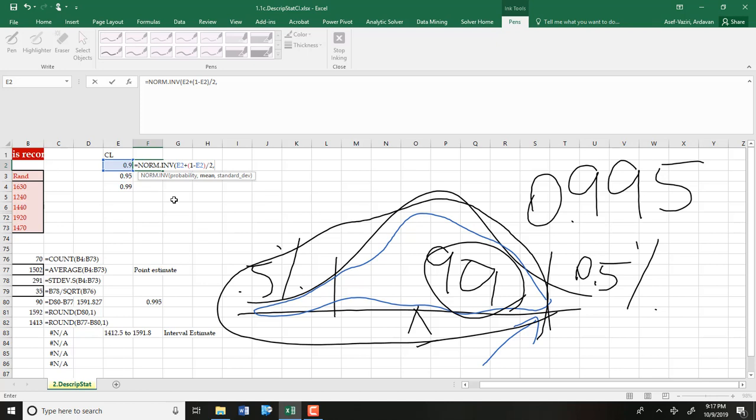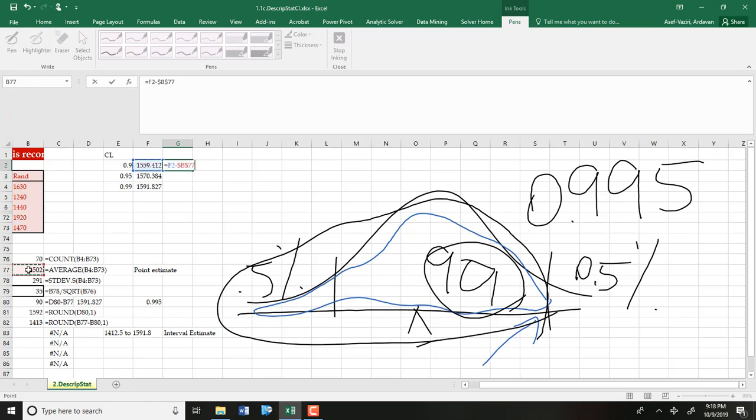95%, and average, which was this one, and I lock it because I'm going to copy it down, and the standard deviation, which was this one, and I lock it because I'm going to copy it down. Therefore, this is for 90%, this is for 95%, this is for 99%. Let me find the gap between these numbers and average, which is here.